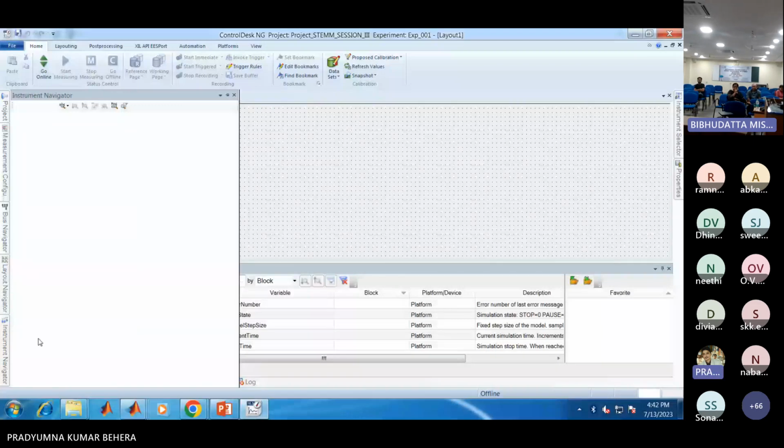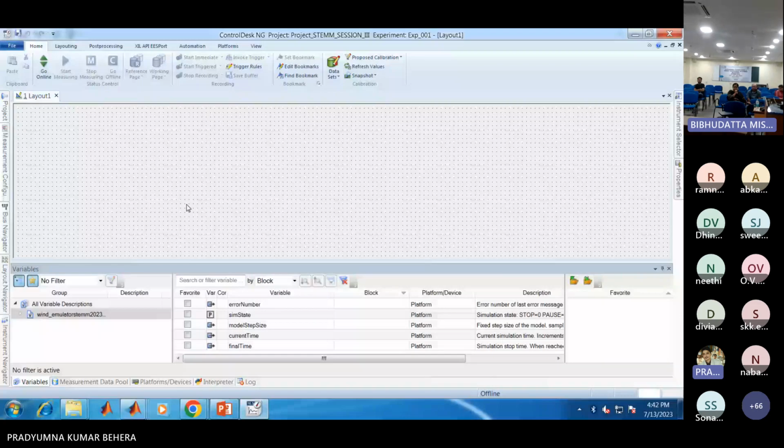So first of all, you can see in this tab, variables are there. This is basically our SDF file that is loaded over here. If I drop down, then we can see there will be a model root. First of all, I will select using the drop down menu. Again, I will go into the model root.